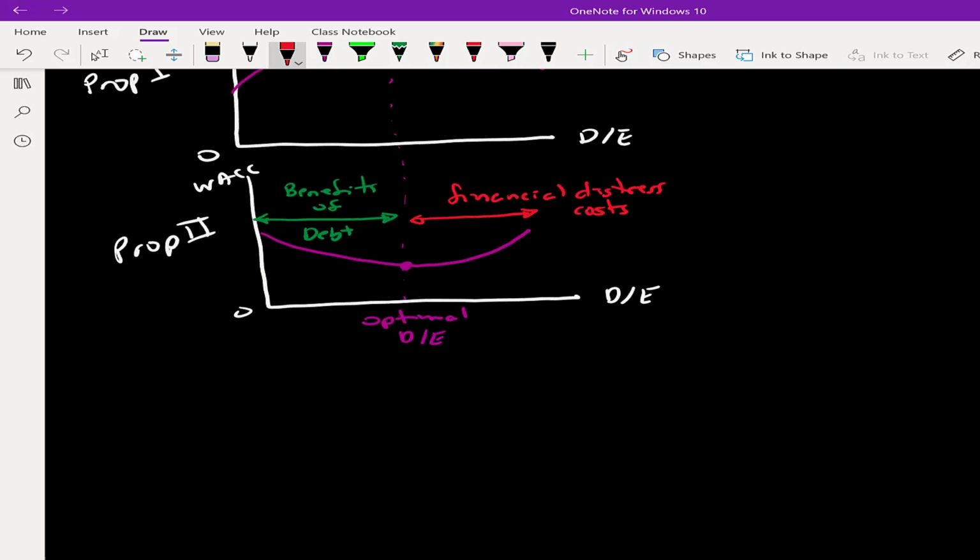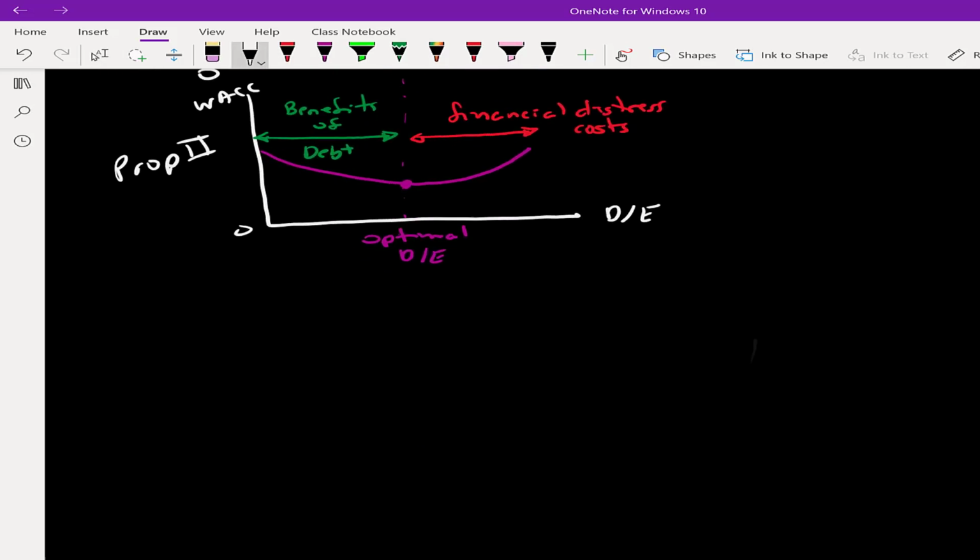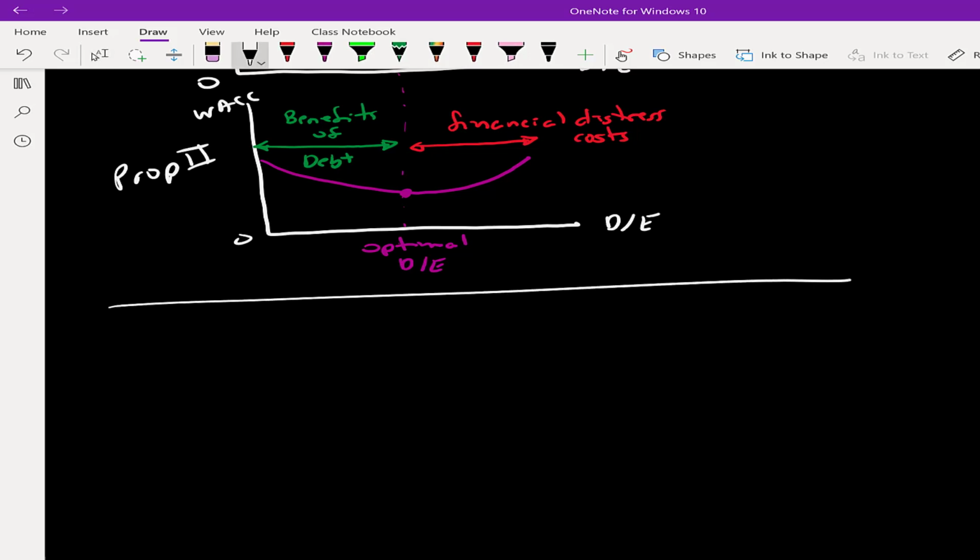If we do a summary of all of this, and break down the cases, I'll call this Proposition 1, the value, and Proposition 2 is the cost of capital.